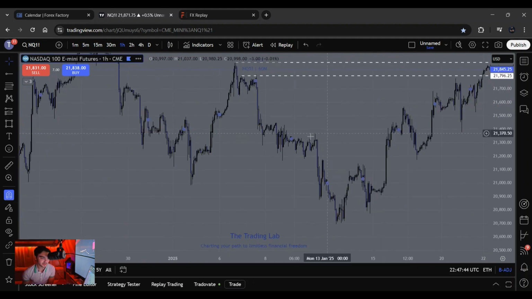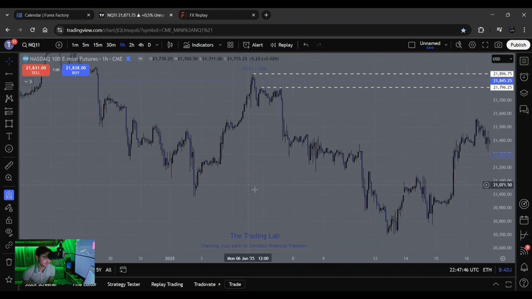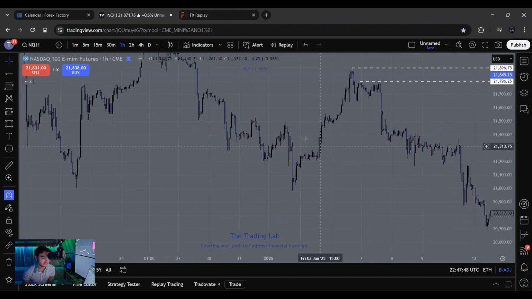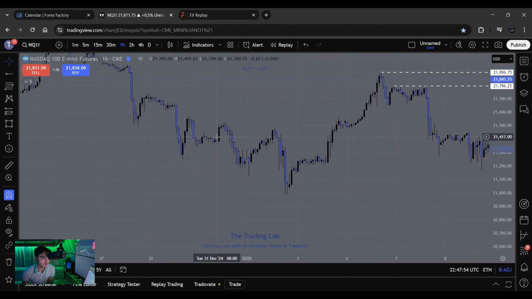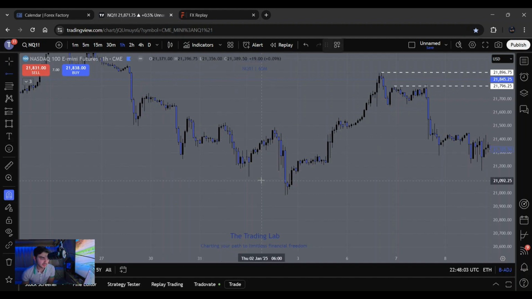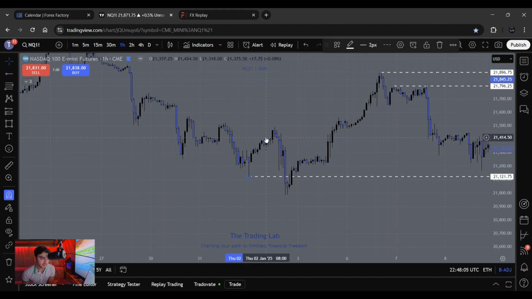Let's look for some more liquidity sweeps. So, here we go. This is a good example of a low being swept rather than a high. So what we see is we push up, make a high, come down, make a new low. After price moved up, there we go.